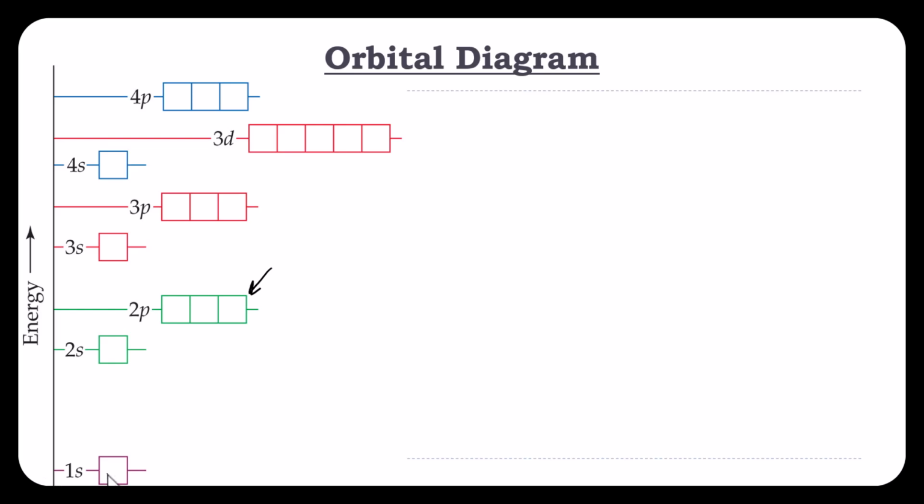Of course, the first 2 electrons go into 1s. The second 2 electrons go into 2s. So let's say I have 2 electrons that are going to go into this 2p orbital. Hund's rule tells me that they're going to go in unpaired as opposed to paired up. So unpaired means 1 in the first box, 1 in the second box.